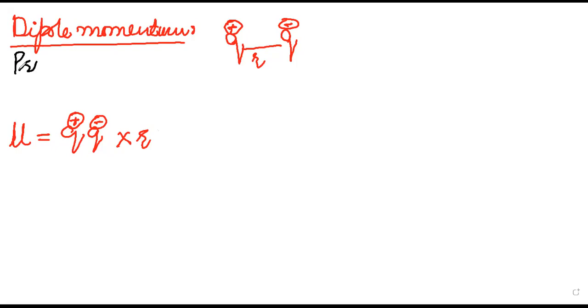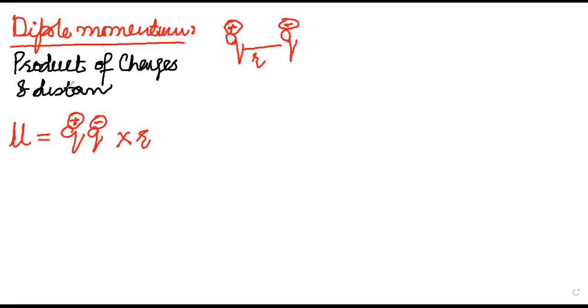So we can write the definition: product of charges and distance between them is known as dipole moment.